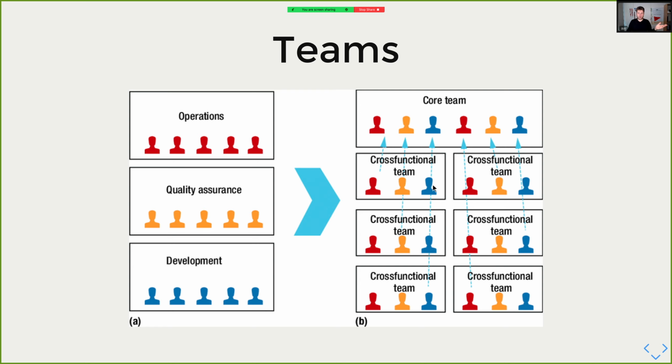And then on the left, we have the more traditional view. And this is usually how people see DevOps. But we should also know that we don't have to have these cross-functional teams to actually be DevOps. We can work according to the left side as well, but it can take more to manage that.